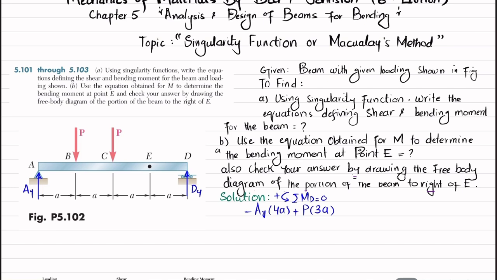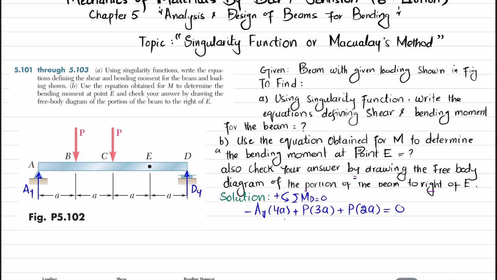So I will write plus P times 3A. And the last one that is producing moment about point D is this P, with perpendicular distance 2A, and it is also producing counterclockwise movement, so it will be positive. So plus P into 2A. And the sum of all these moments about point D will be equal to 0.